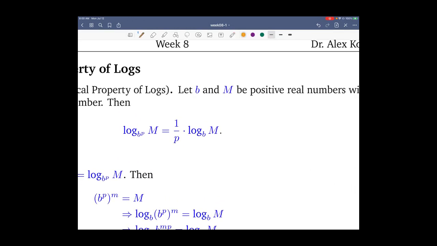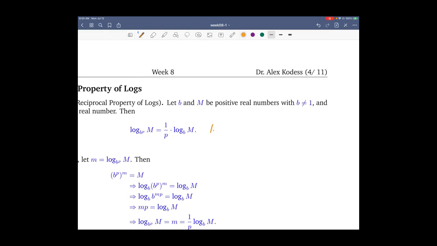For instance, log x base 8, because 8 is 2 to the power 3, will be 1/3 log x base 2. That is often very useful.